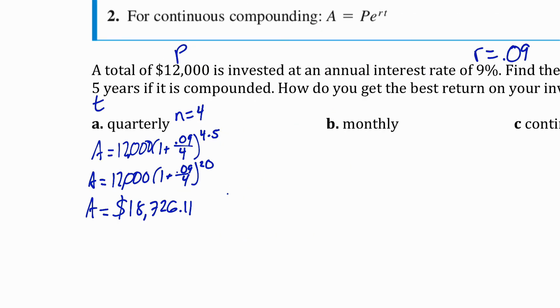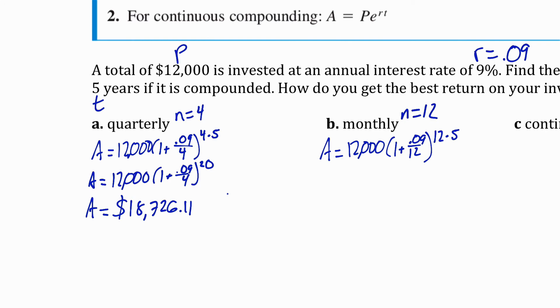Let's try another one. Monthly. That means n equals 12. We're compounding 12 times in a year. So we've got the same equation, just slightly different numbers. A equals 12,000 times 1 plus our rate, still 0.09, divided by 12, because we're compounding 12 times per year, raised to the 12 times 5.